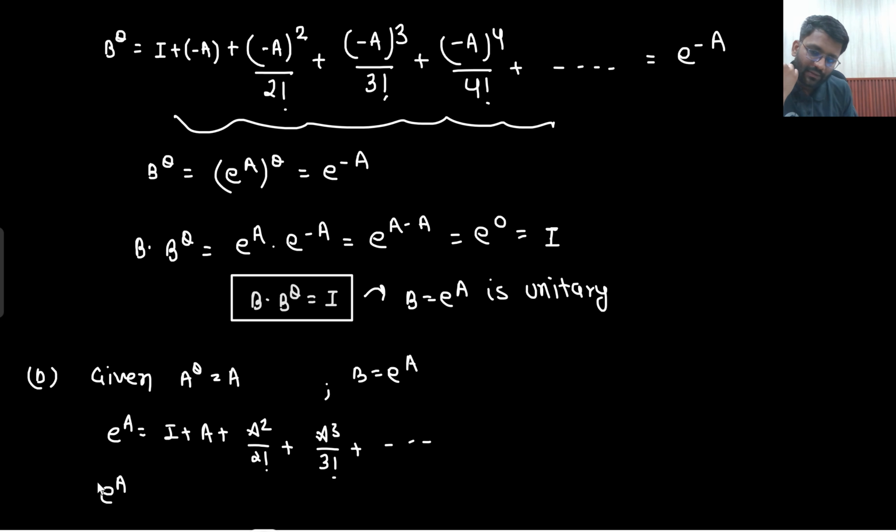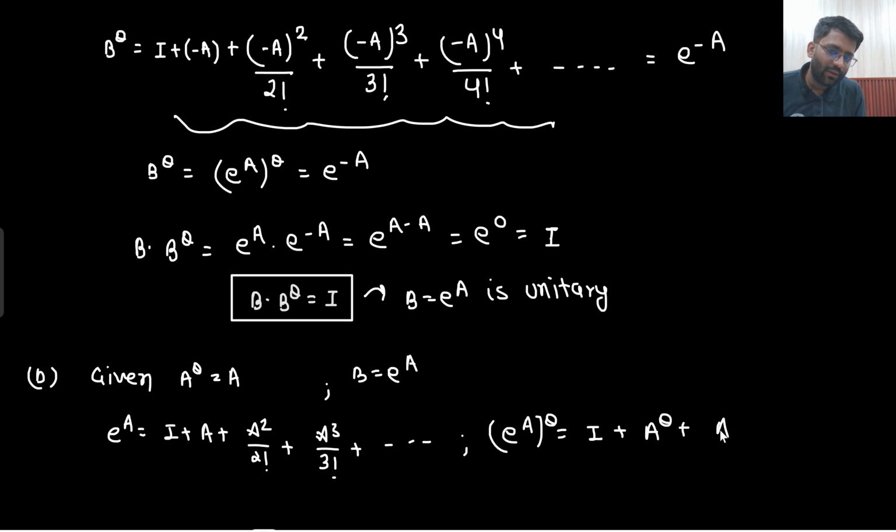Now if I take theta here, so what will happen? A theta square, right? I hope you understand. Directly I have taken A theta inside. This is the expression I am putting, and I am taking e to the power A theta. So I theta will be I only, then A theta. Then A square theta would come up, but you know that this theta can come inside and power 2. Why is that so?